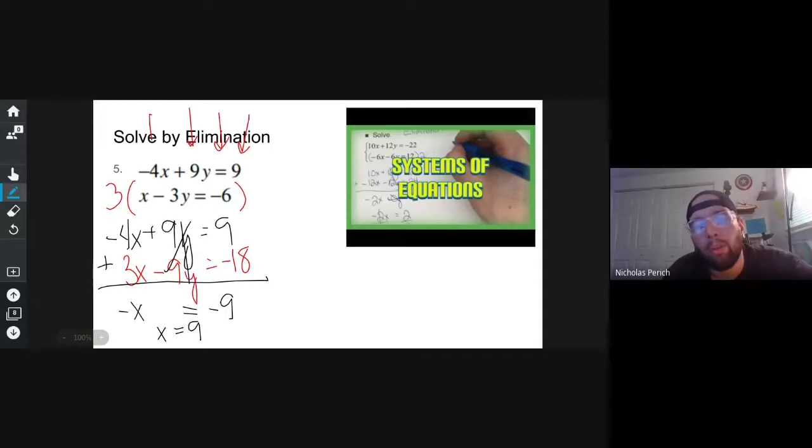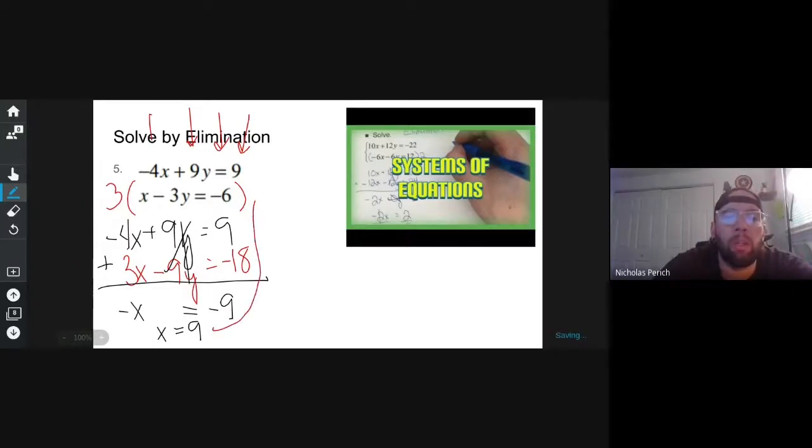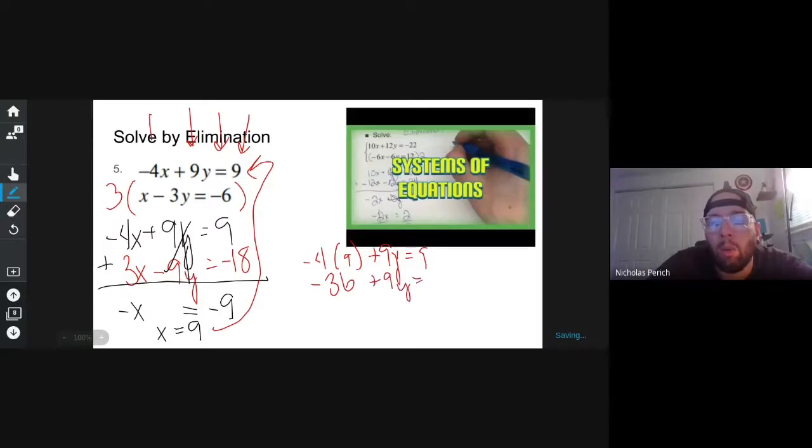So now what do I have to do? Well, I found x, I have to find y. So shouldn't I plug x equals 9 into one of these equations up here? Yep, and let's do the top one because it doesn't really matter. I'm rewriting the top equation, but instead of putting in x, I'm putting in 9. Negative 4 times 9 plus 9y equals 9. Negative 4 times 9 is negative 36 plus 9y equals 9.